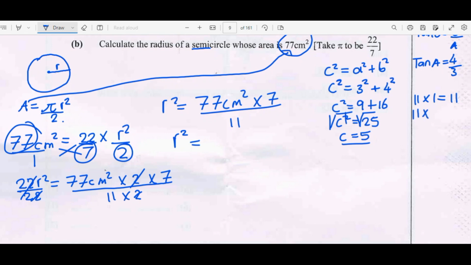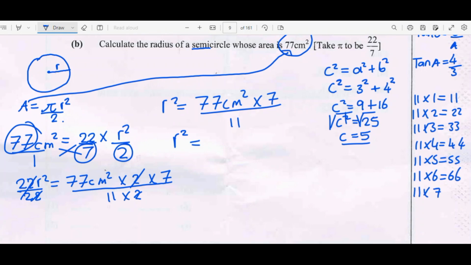Then 11 times 2 will give you 22. 11 multiplied by 3, you just repeat 3. 11 times 4 is 44. 11 times 5 will be 55. 11 times 6 would be 66. 11 by 7 would be 77. Have you seen the pattern? So it simply means that 11 can go into 77 7 times.